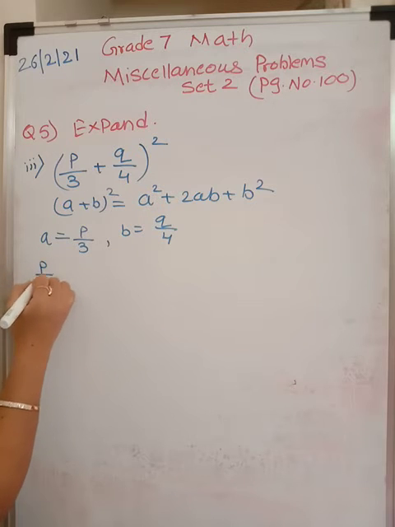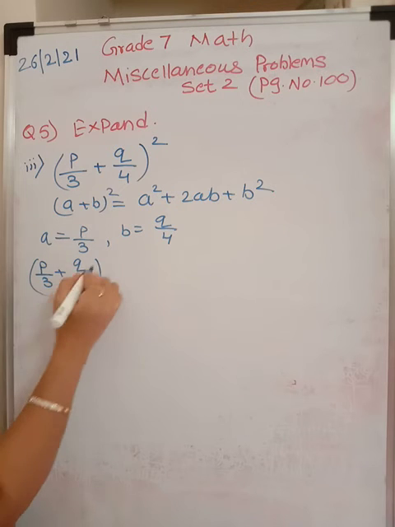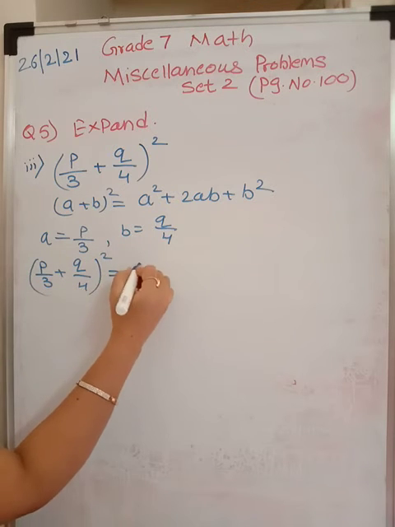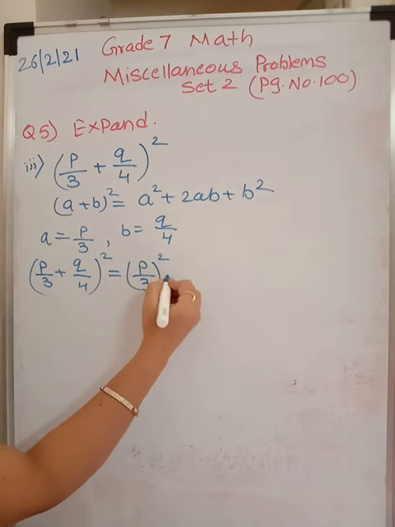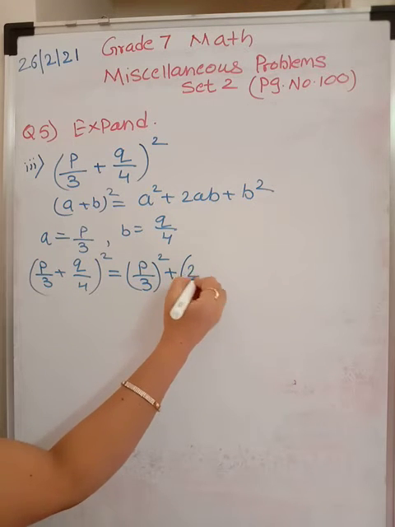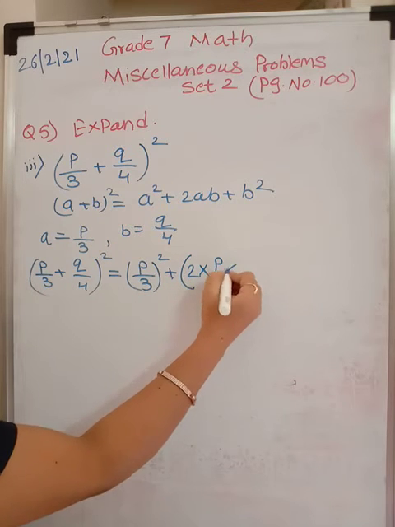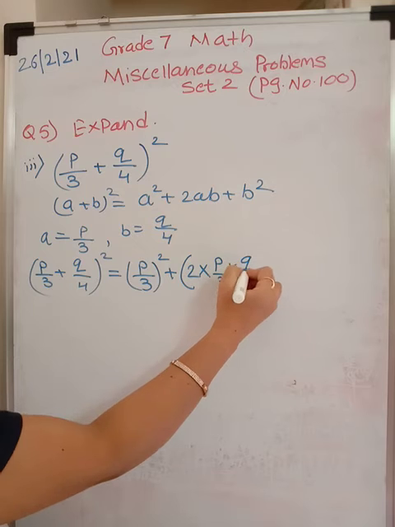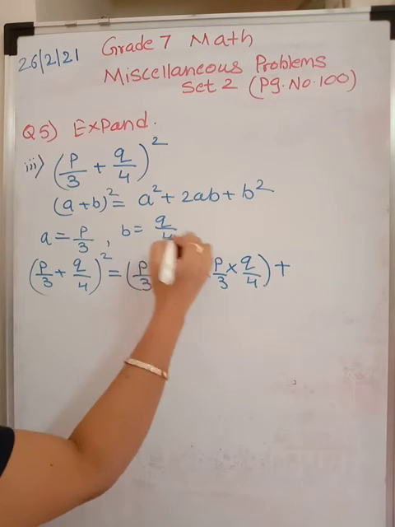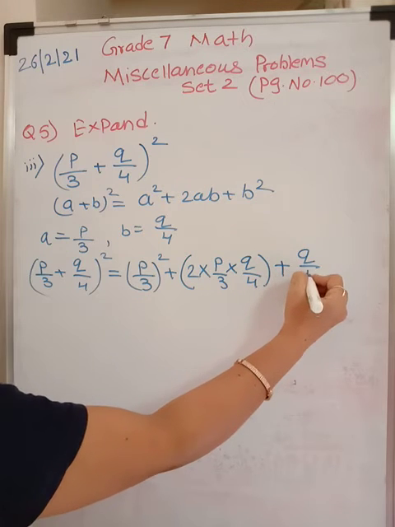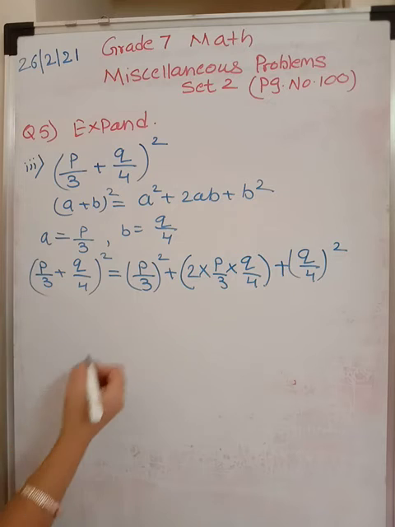So (p by 3 plus q by 4) the whole square will be p by 3, that is your a. So a square plus 2 into a is what? p by 3 into b is what? q by 4 plus b is what? (q upon 4) the whole square. Done? Only substitution.